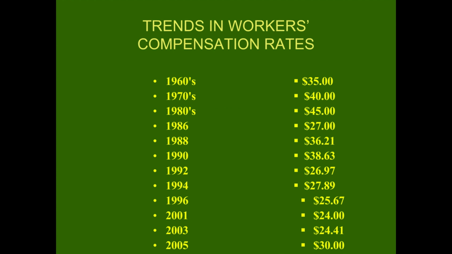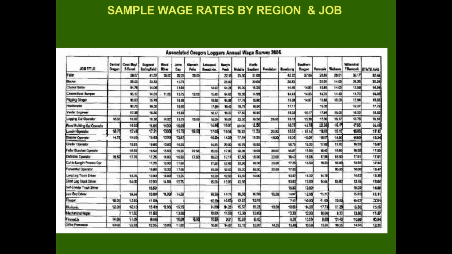Let me just talk about the different classifications, because we mentioned that yesterday, in that there is a mechanized harvesting rate where Oregon had a rate of about $34 per $100 of payroll for logging generally. When we used the mechanized harvesting rate, it was down around $22 per $100 of payroll. So there's a real advantage to taking the chainsaws away from people and putting them in cabs. And then each job that you do has a different rate.